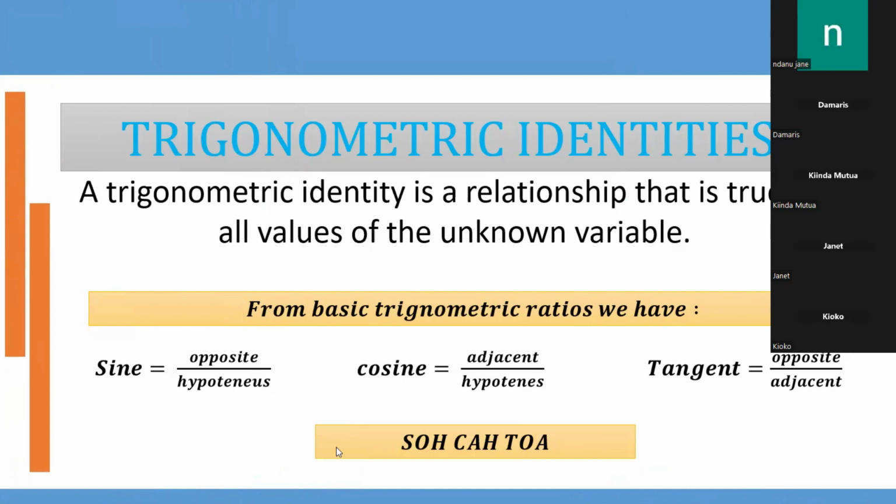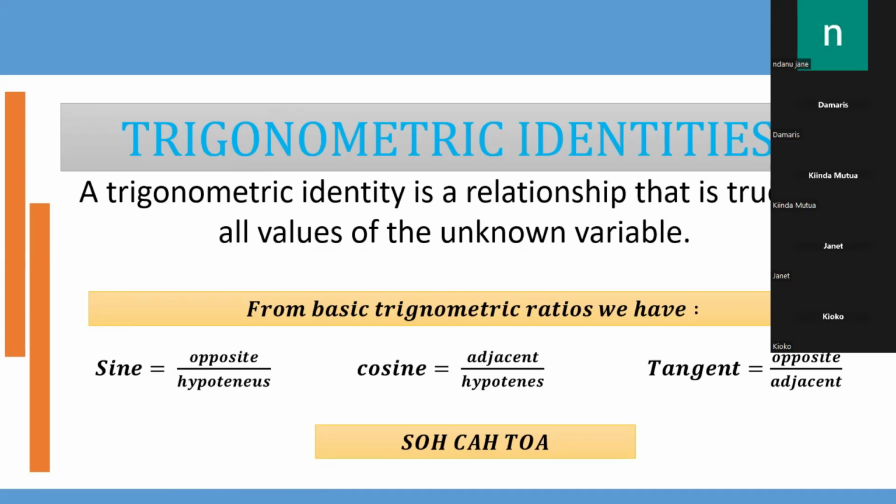In this topic, we're going to be checking on something called an angle, which we shall represent as theta. So the unknown variable is theta. From basic trigonometry, we have three major trigonometric ratios. One, the sine. From a right-angled triangle, we have the opposite side, the adjacent side, and the hypotenuse.